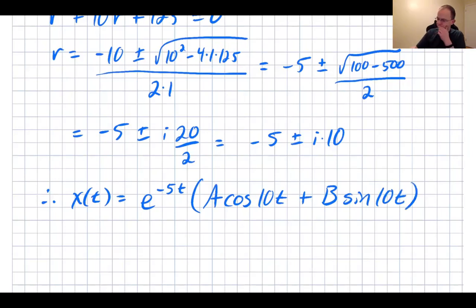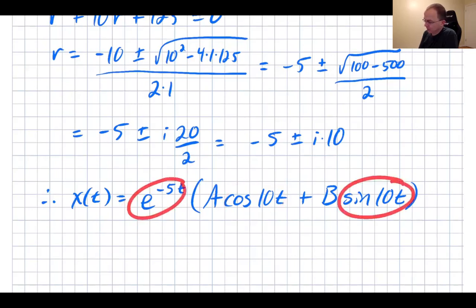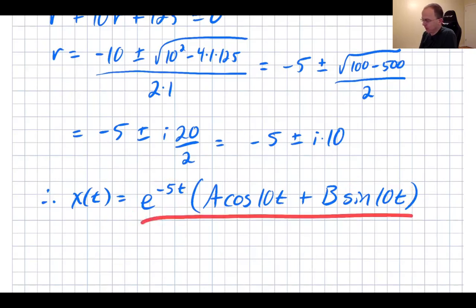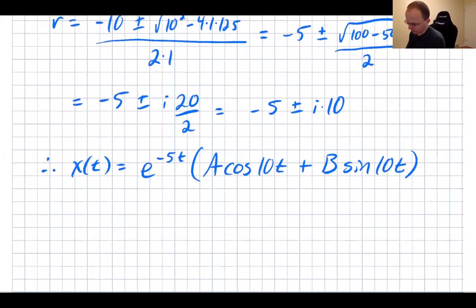That's what that complex pair of roots tells us. It tells me that there's one solution, which is this exponential times this cosine, and the second solution is the exponential times this sine. I just factored out the exponential after taking the linear combination of those two. Okay, so there's our x of t.